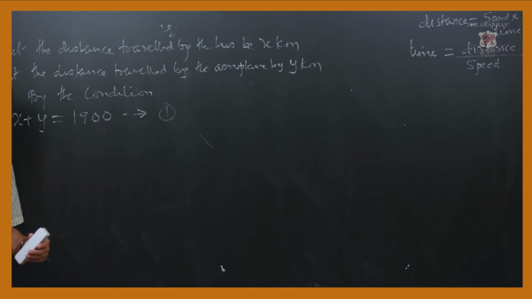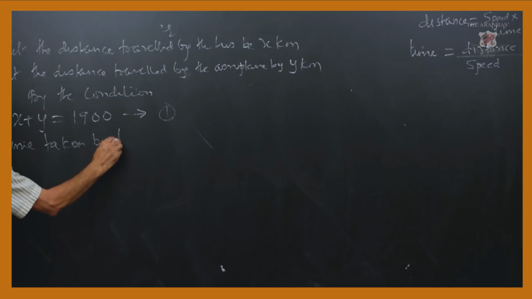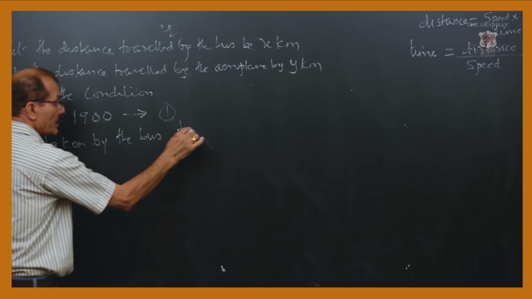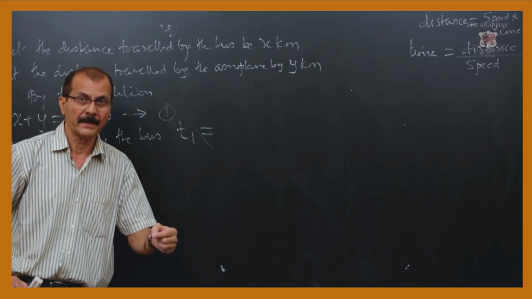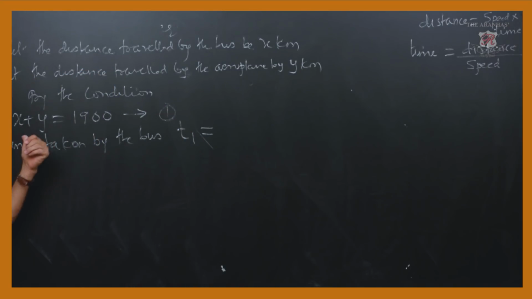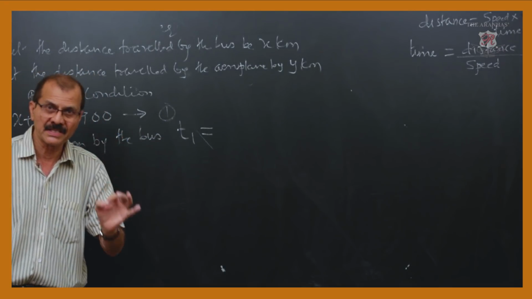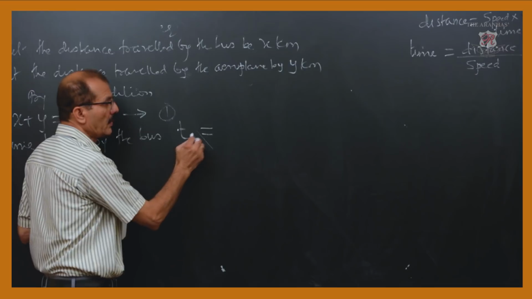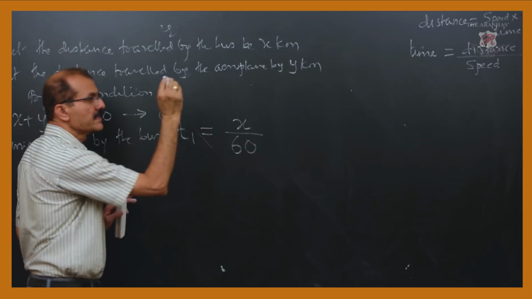To find the time, the time taken by the bus I will denote by T1. What is the time taken by the bus? It is distance upon speed. I repeat, time taken by the bus to travel x kilometer with the speed 60 kilometer per hour will be given by T1 equals distance, that is x, upon speed, that is 60.